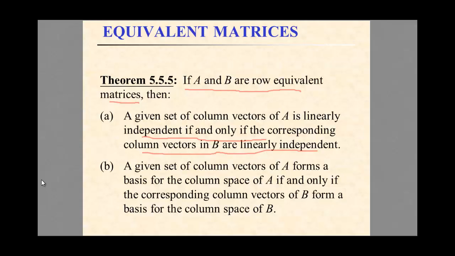Similarly, a given set of column vectors of A forms a basis for the column space of A if and only if the corresponding column vectors of B form a basis for the column space of B. This holds when they are equivalent matrices.